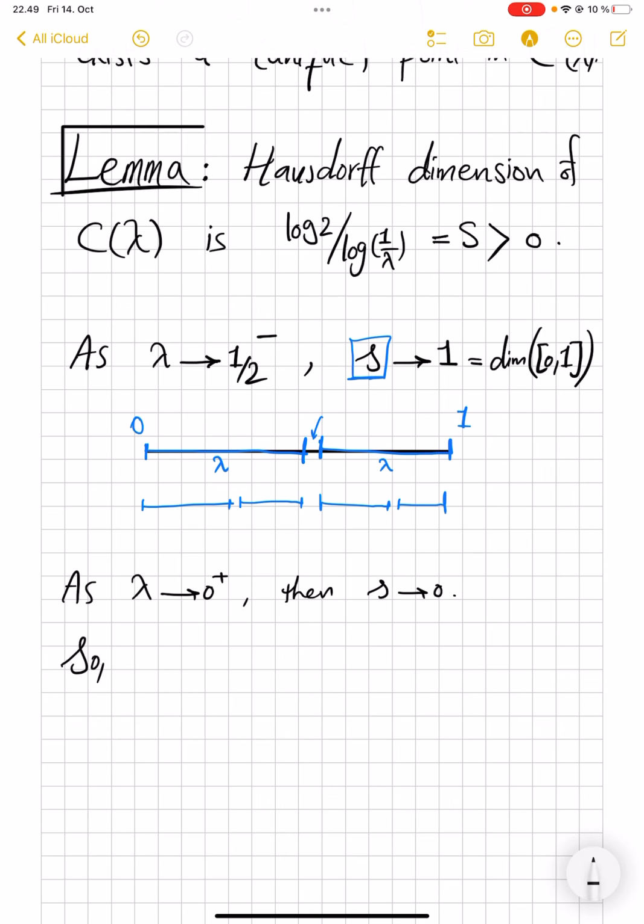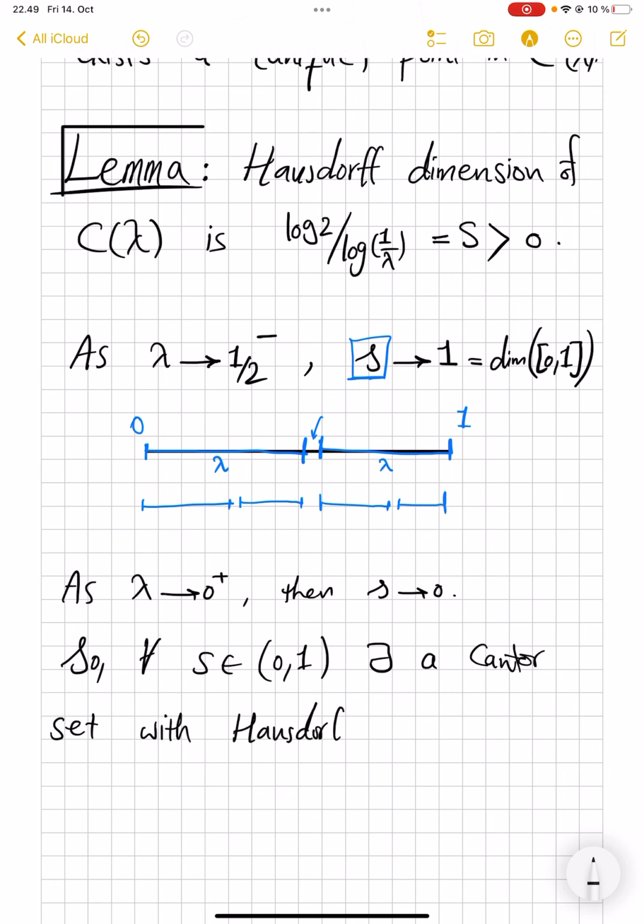So for every S in (0, 1), there exists a Cantor set with Hausdorff dimension equal to this S. So just by this simple example, for every real number, you can find a set whose Hausdorff dimension is precisely that number.